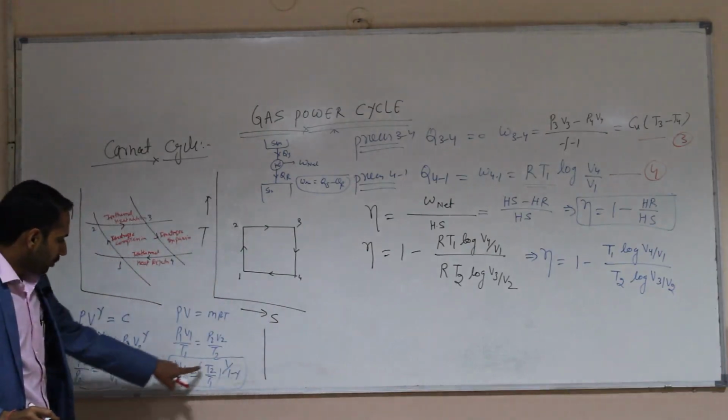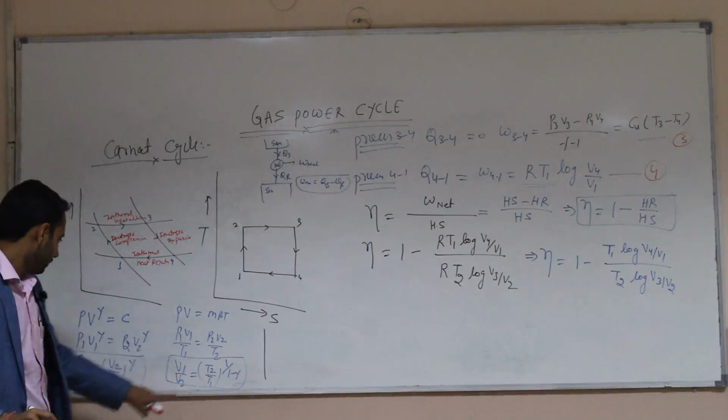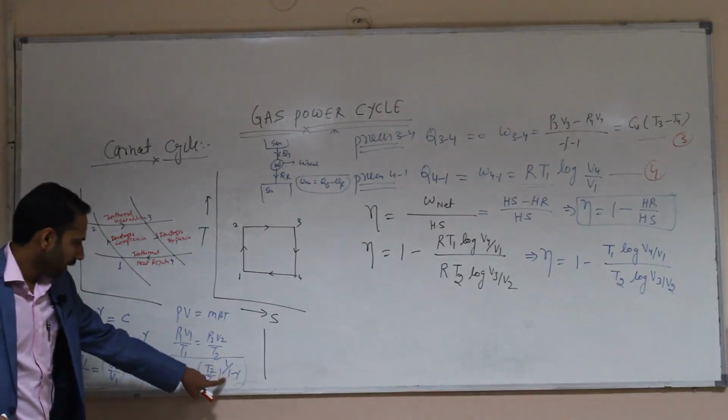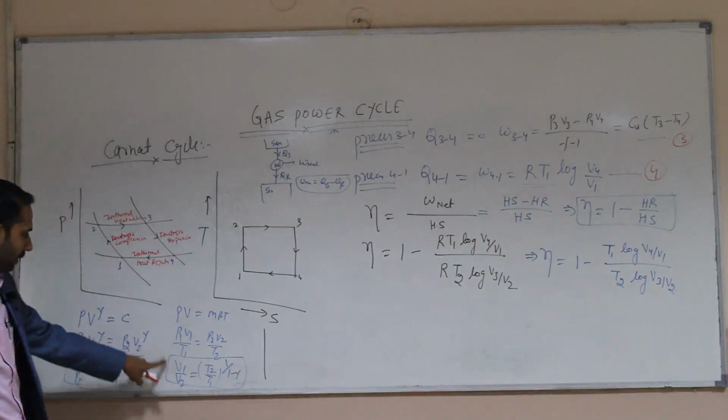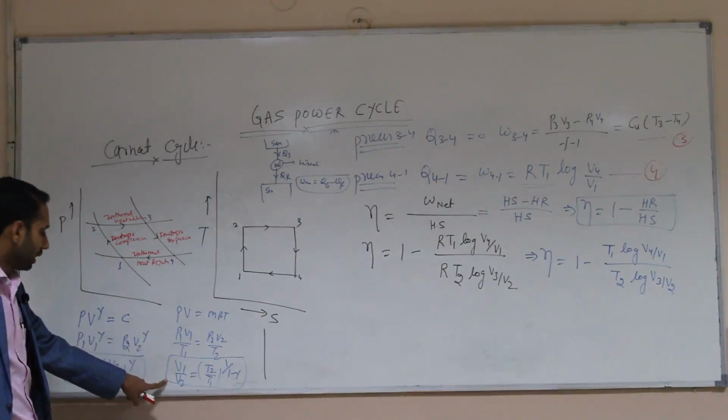Now V1 by V2 is equal to (T2 by T1) to the power 1 by 1 minus gamma. If we put this equation in P2 by P1, then we will receive this equation.